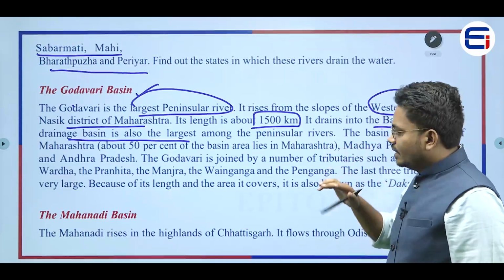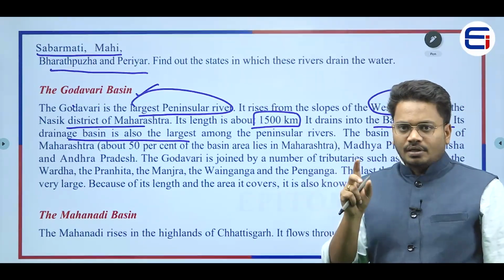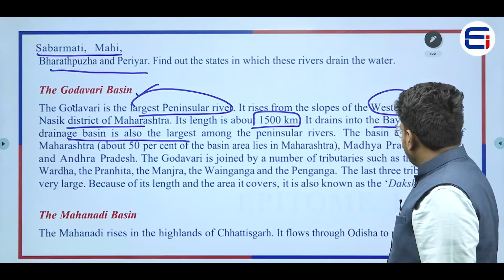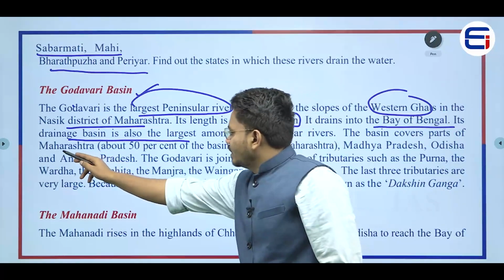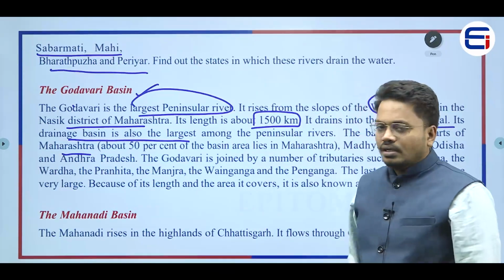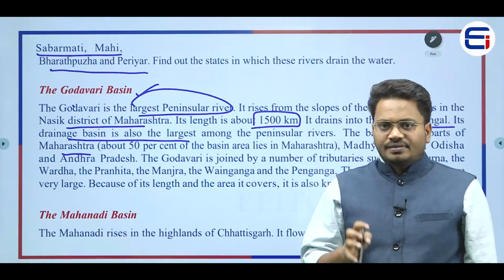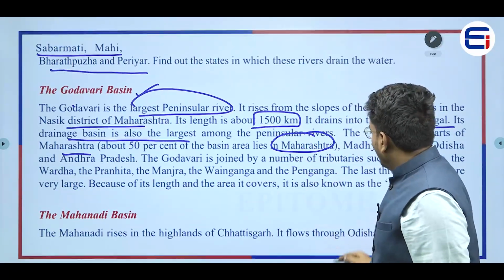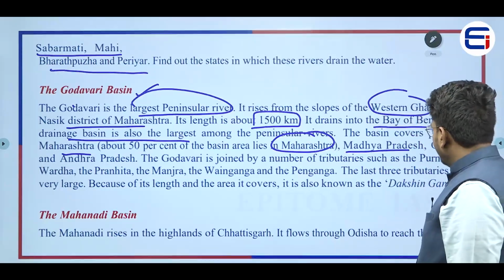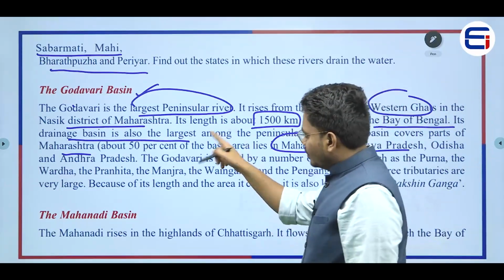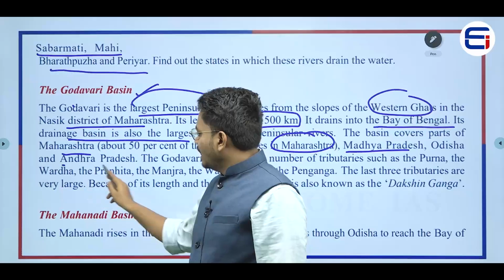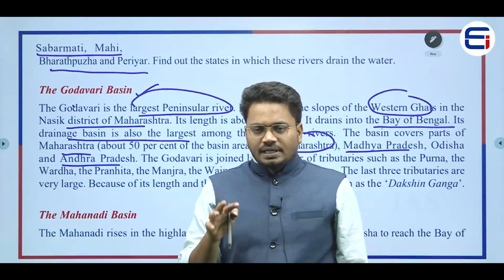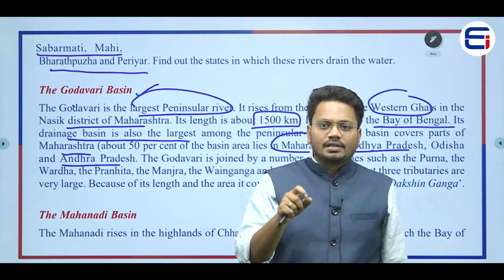Now, if you see the states which this particular Godavari river covers, it would be covering Maharashtra, right? About 50% of this particular Godavari basin is lying in Maharashtra state, and after that you can see Madhya Pradesh, you can see the presence of this Godavari basin in Odisha as well as Andhra Pradesh, and here Andhra Pradesh is nothing but the United Andhra Pradesh, right?